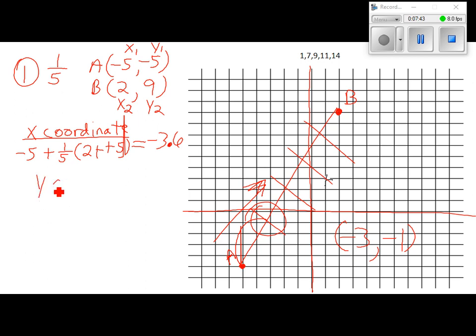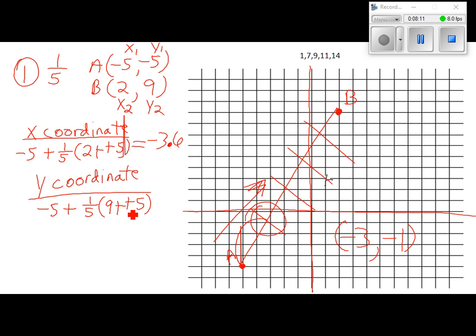The y coordinate. What do you notice about the formula for the y coordinate? It's the exact same, just replacing the x's with the y's. What's y1 this time? -5 plus 1/5 again, right? Parentheses, what's y2? 9. 9 minus -5. What's going to happen there?